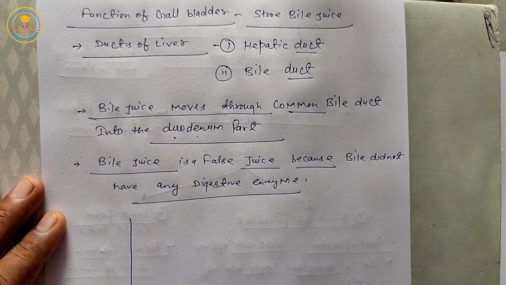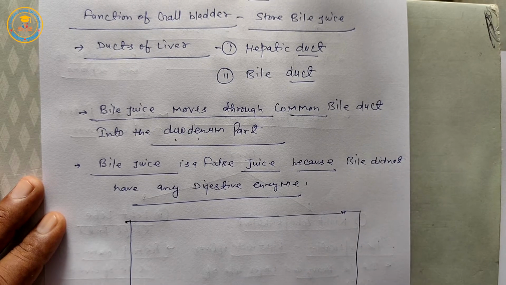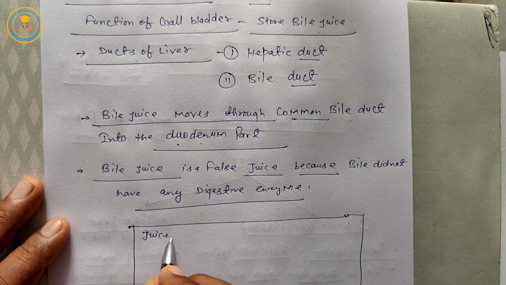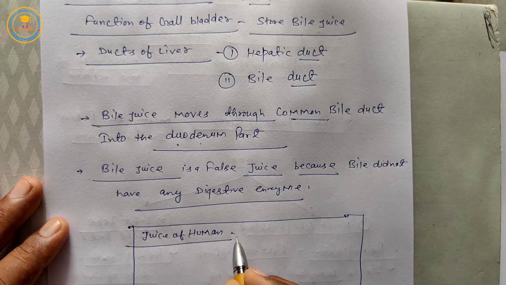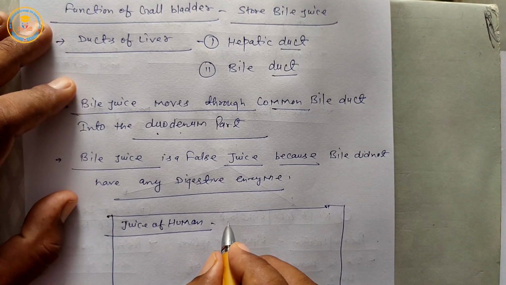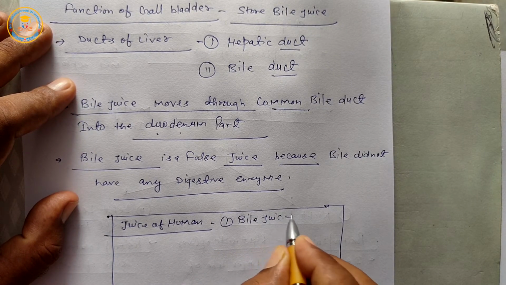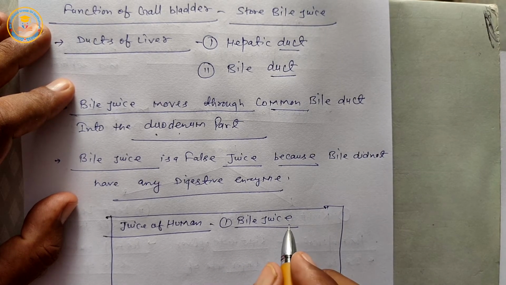Students, the human body synthesizes some specific juices. First is bile juice. Bile juice is synthesized by liver but stored in gallbladder.